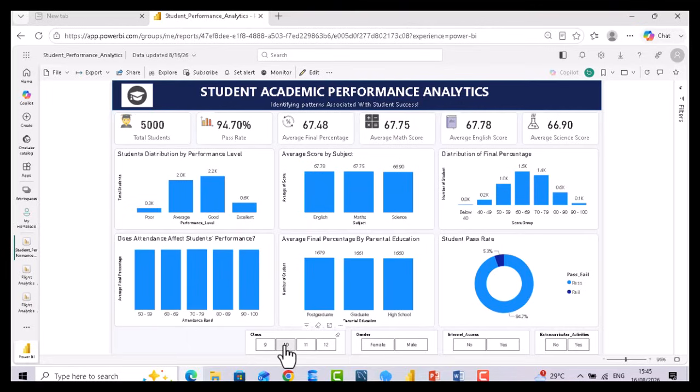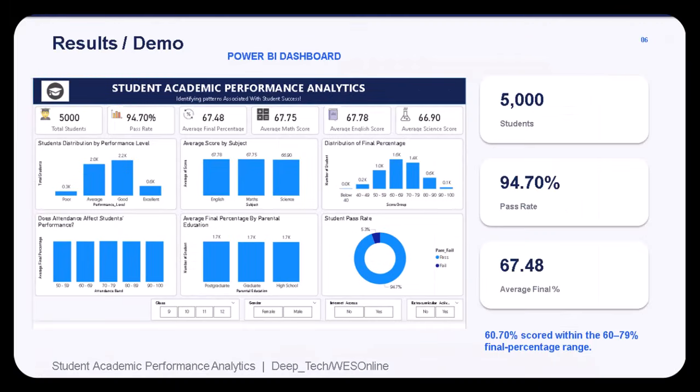Therefore, the analysis found no meaningful evidence that attendance level is a dominant driver of final academic performance in the dataset. Our exploratory analysis did not identify a single strong linear relationship between final performance and the variables available.